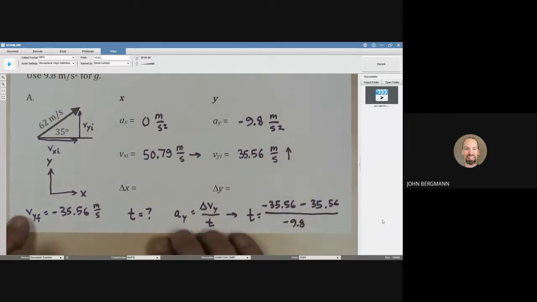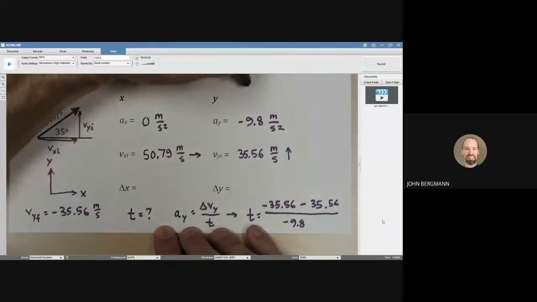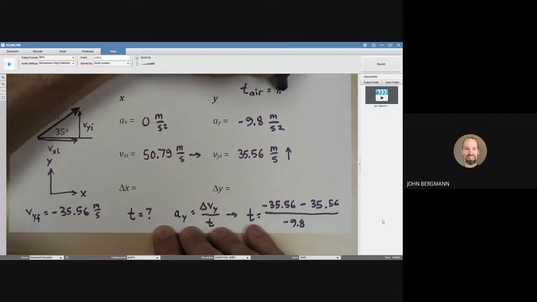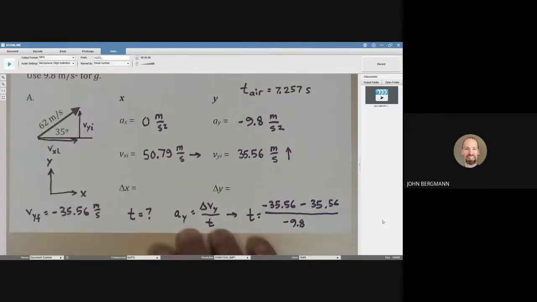When we calculate that out, the time in the air comes out to be 7.257 seconds. I'm keeping a few extra significant figures in there because we don't want to round too soon. It will take half this time to get to the top.